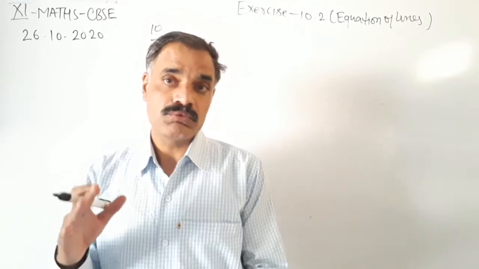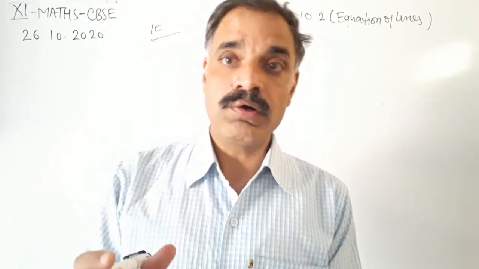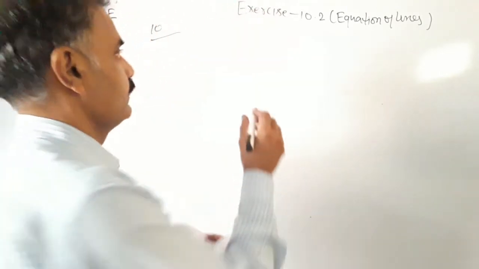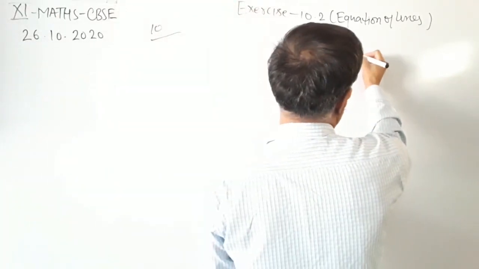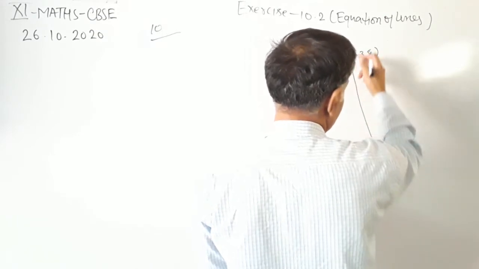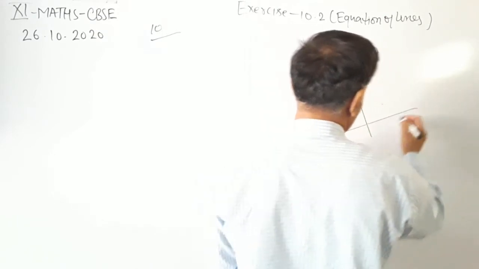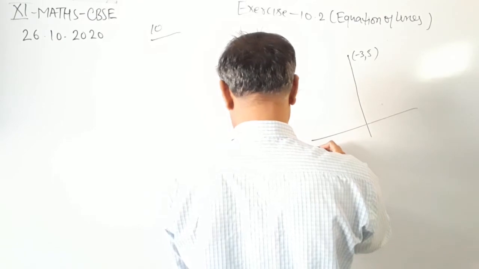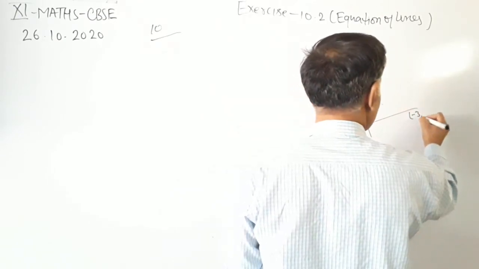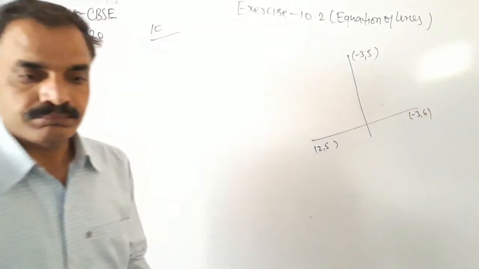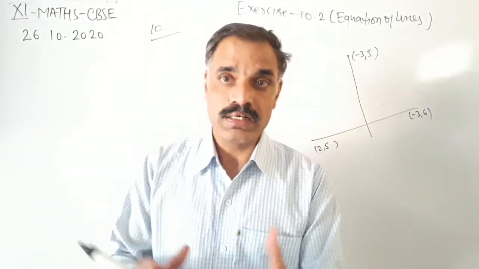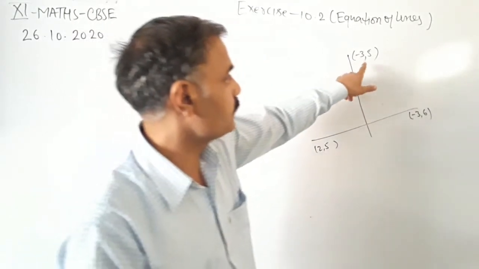We have to find the equation of the line. The line passes through the point (-3, 5), and it is perpendicular to the line joining the points (2, 5) and (-3, 6).